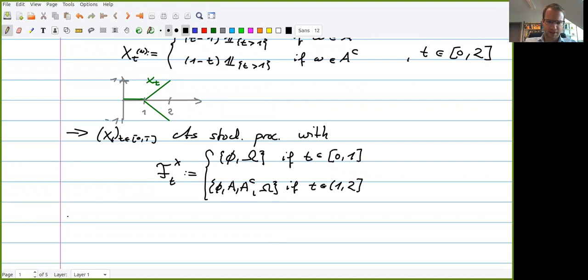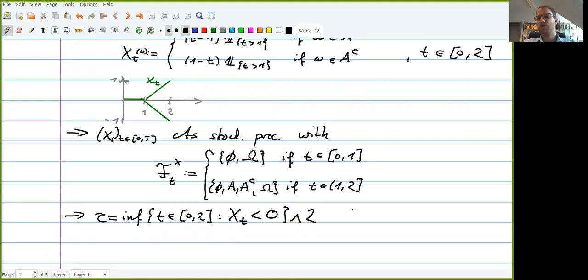But what we have now is, if we look at the time tau, which is the first time in our interval 0 to 2 that X_t, the stochastic process, is strictly less than 1, and then we take the minimum with 1 to have a finite one, it is not a stopping time.